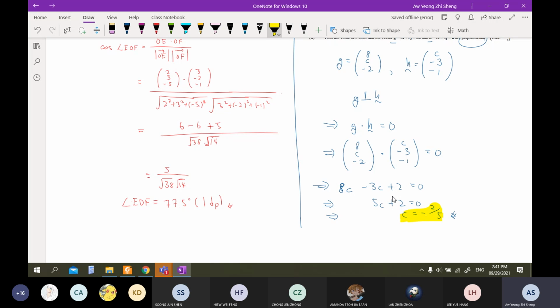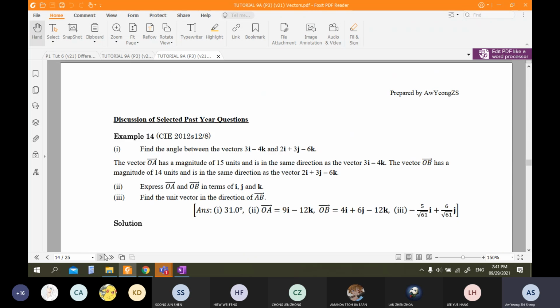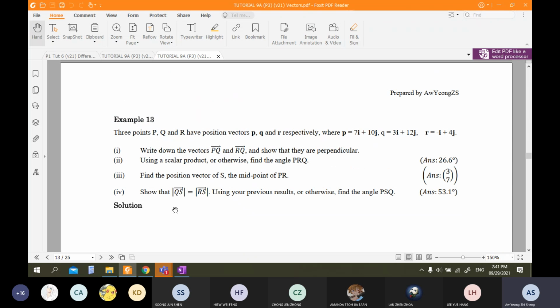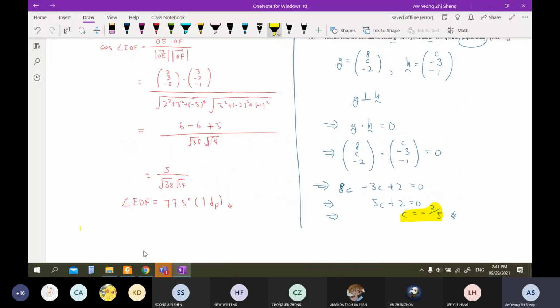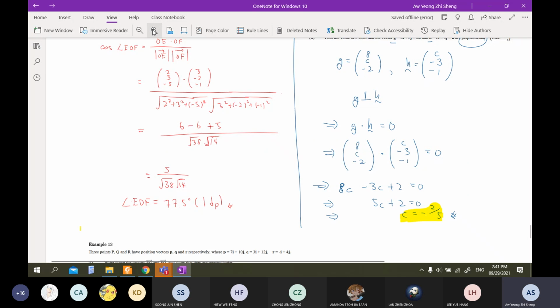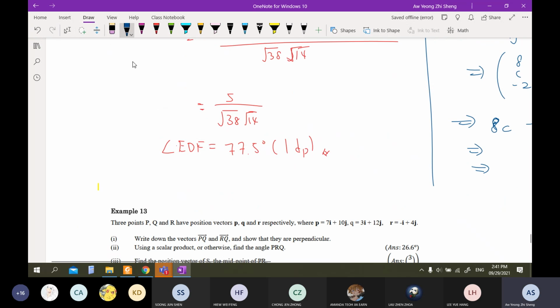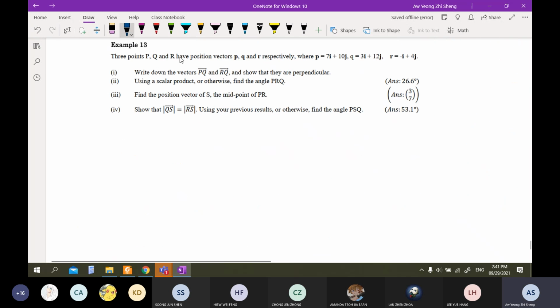Okay. Next is example 13. PQR have position vectors small p, small q, and small r respectively, and they also give you in terms of i and j.